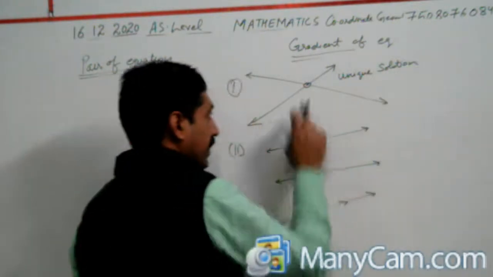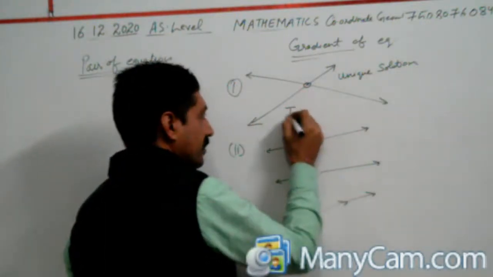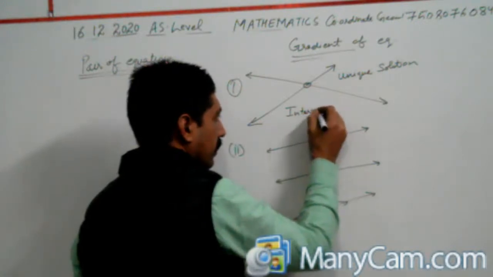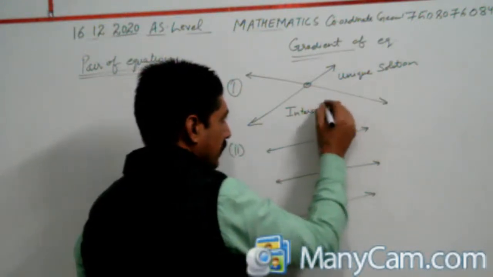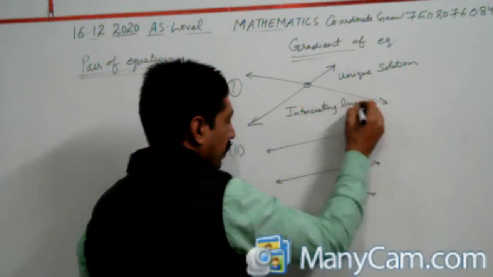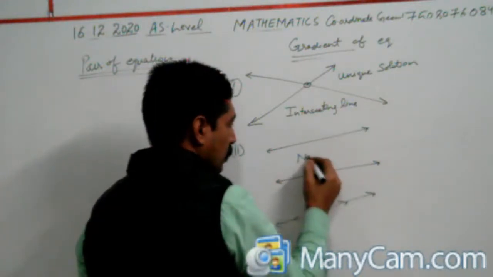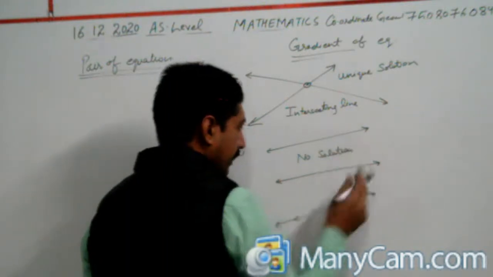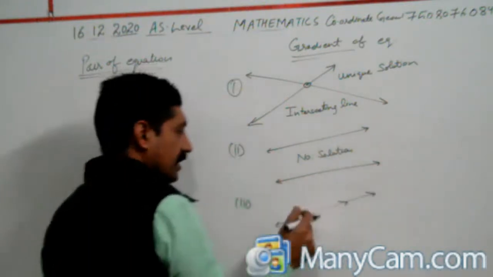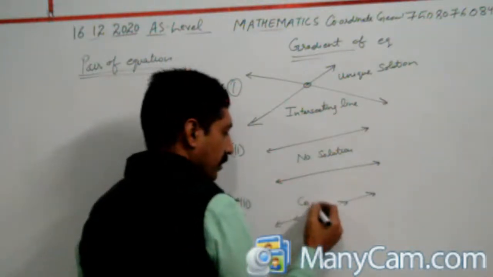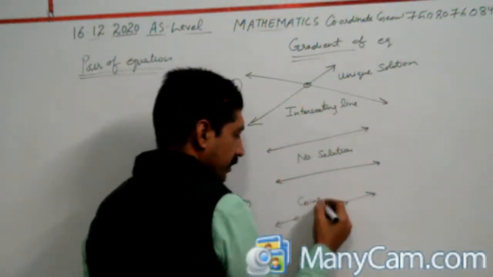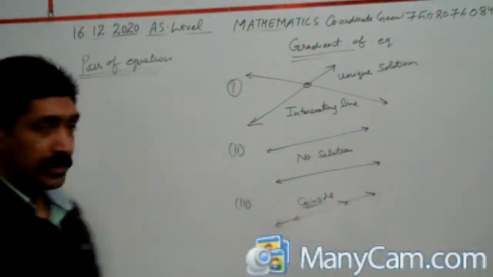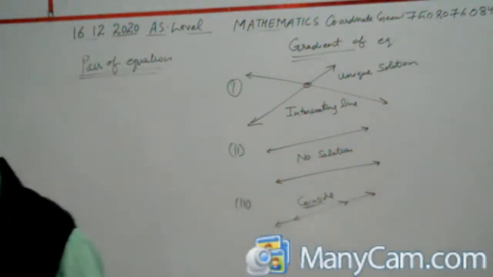Here these are intersecting lines. Here parallel lines, no solution, and here these lines coincide, right?